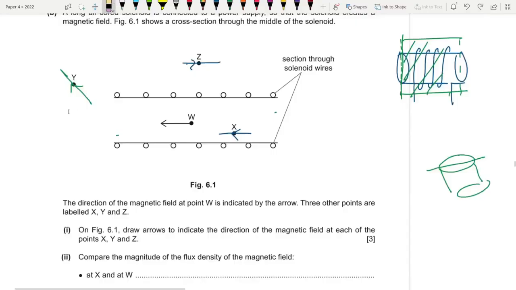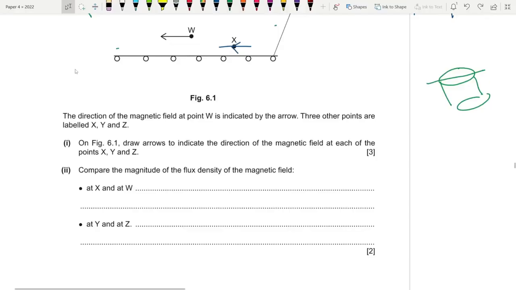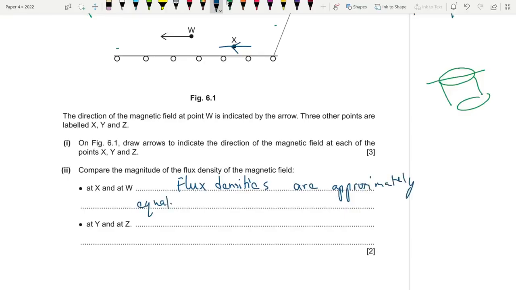So at X and W, the flux densities are approximately equal. Okay, but what about Y and Z?